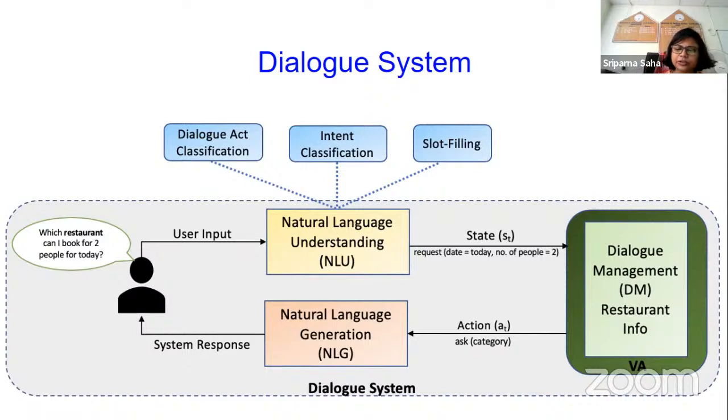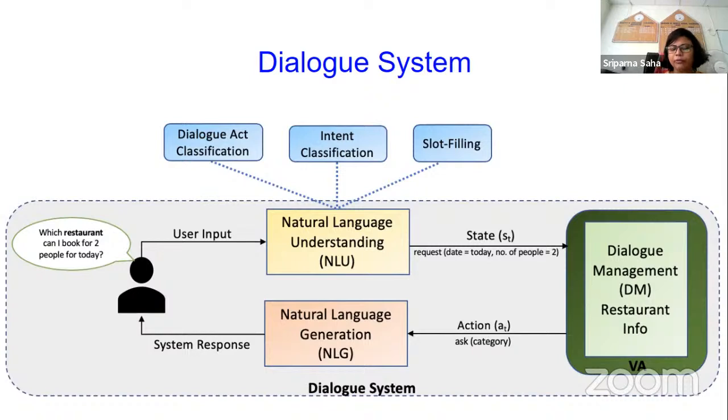Natural language generation is very difficult because it works like a human being. It will generate human-like responses. In this NLG module, we can incorporate many concepts, like politeness and empathy.